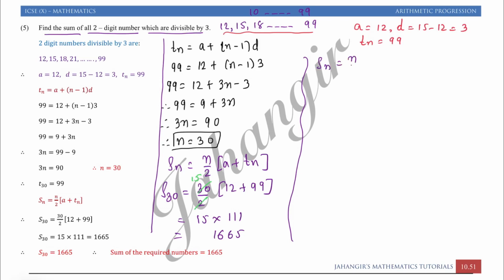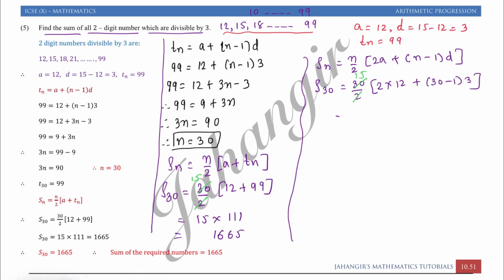But some student will ask whether we can use another formula for Sn. Of course you can use it, but the calculations will be a little bit lengthy. Overall it doesn't make any difference. Here also, for n = 30, I can write 30 by 2 into (2 into 12 plus n minus 1 into d), where d is 3. So cancelling 30 by 2, it's 15.